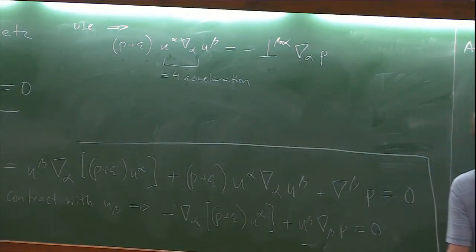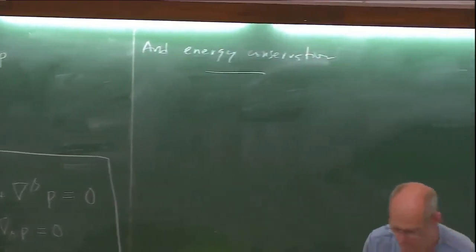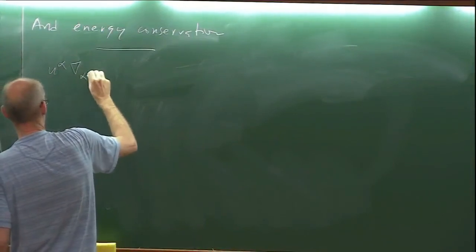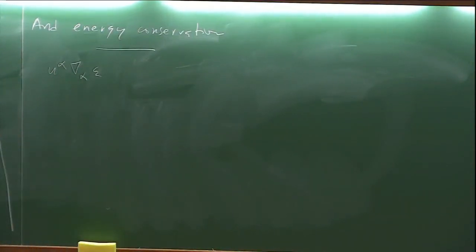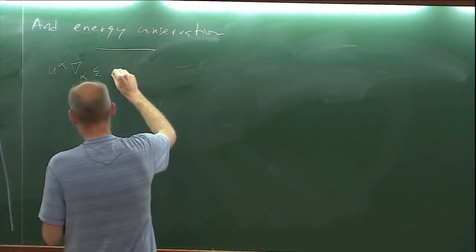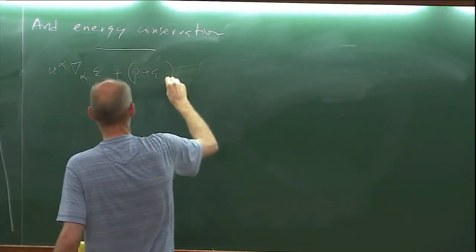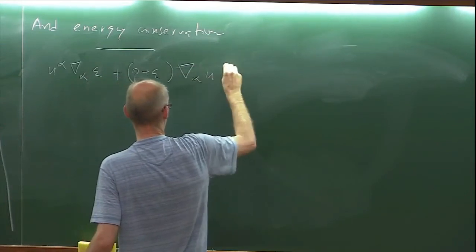And that means that here I really only have a derivative of the epsilon. So this is really an equation for energy conservation along the flow. So that equation looks like U alpha grad on epsilon, which comes from this term. And then the piece that is left, which is the divergence of U itself, because I took out U. So that's going to have plus, I think, yes, a P plus epsilon of grad alpha U alpha.